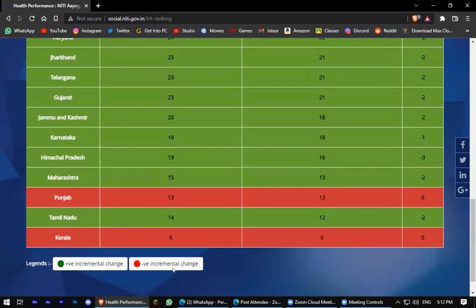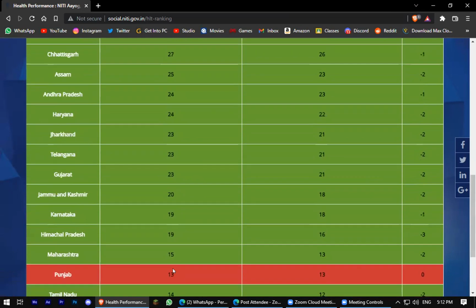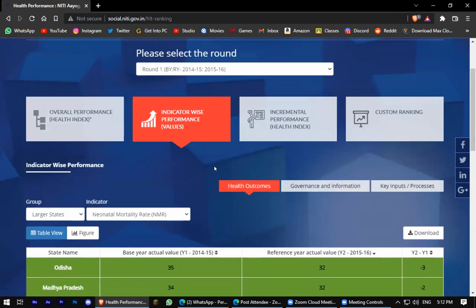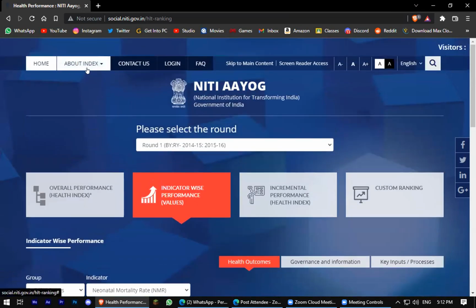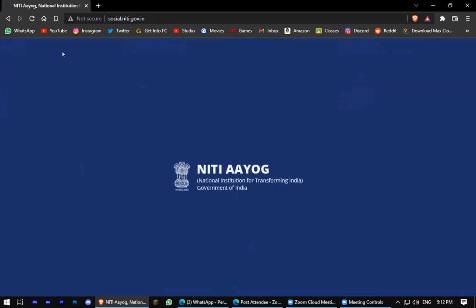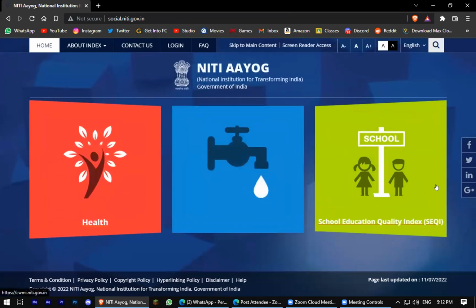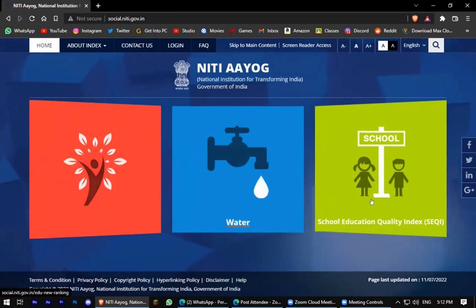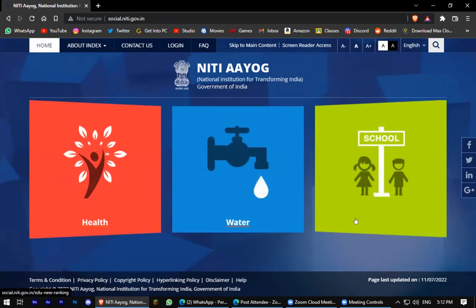Red is incremental change, negative. Okay. So with this, likewise, if you go to NITI Aayog website, you will get health, you will get water, you will get school also. So not taking much of the time, let us close here.